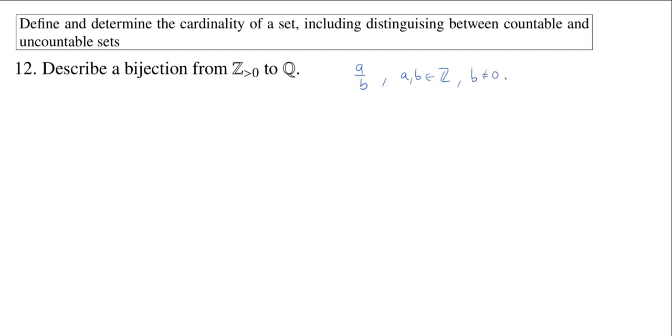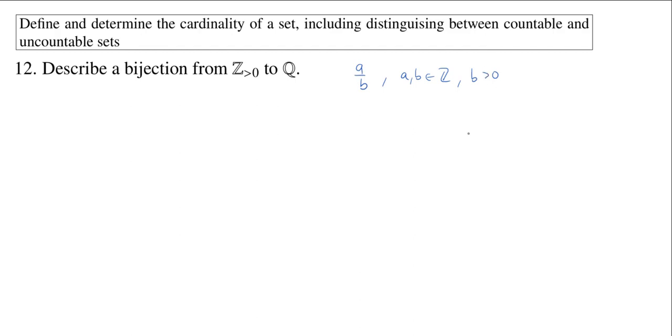Now, of course, what I could do, once I get some a over b, is I could make an assumption that, well, okay, if there are two negatives, I just cancel the negatives. If there's one negative, I could always put it on top or bottom, but let me just say I'm always going to put it on top, so I can even assume my b is positive.